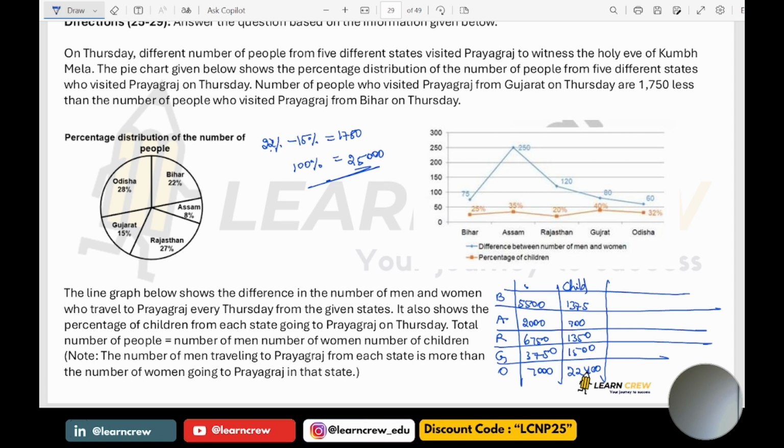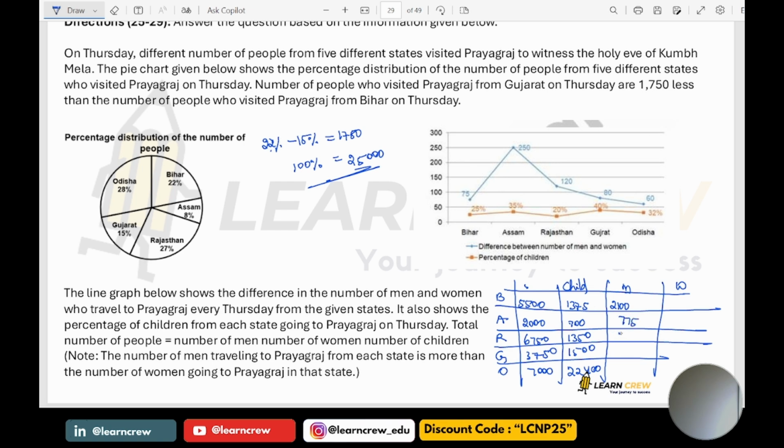So now the number of men and women. The difference is 75, given. So 5,500 minus 1375, plus 75, divided by 2. You are going to get 2100 men. And the number of women is the remaining. So 2,100 here. Here you will get 775.